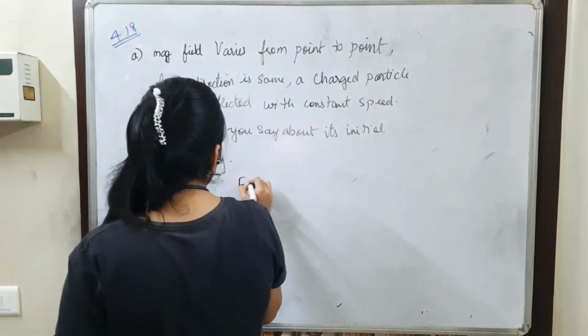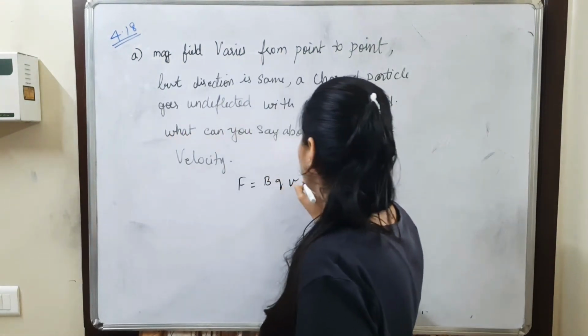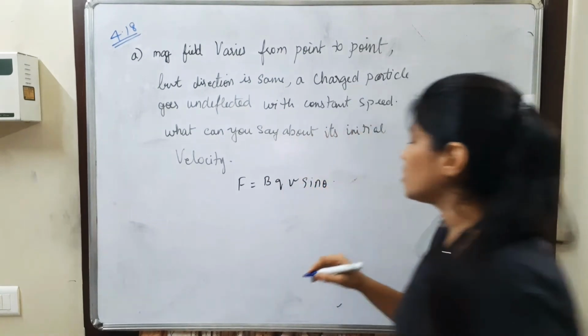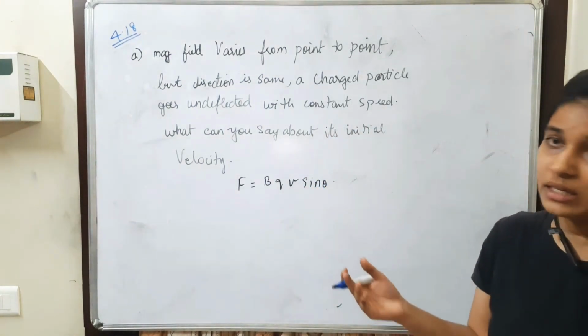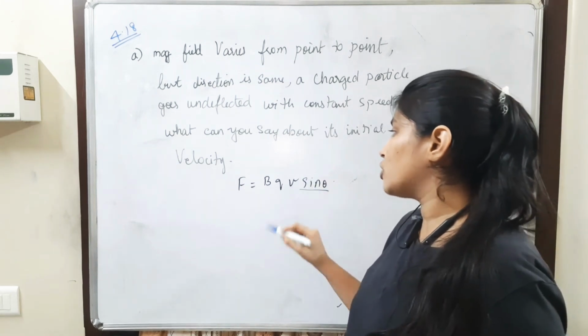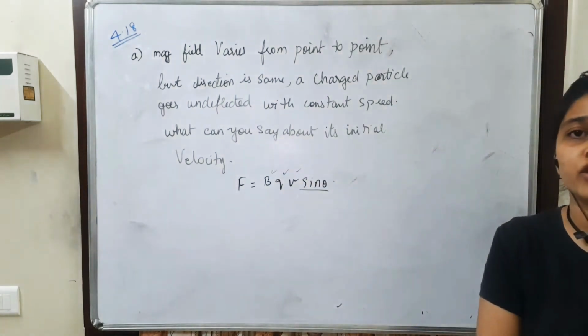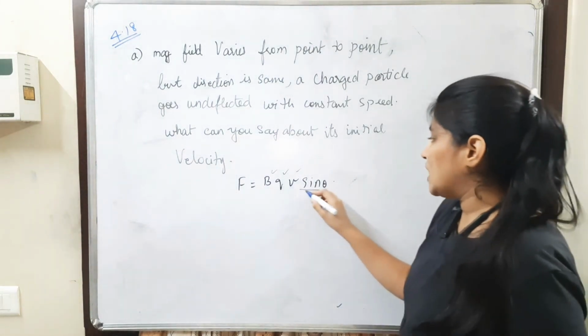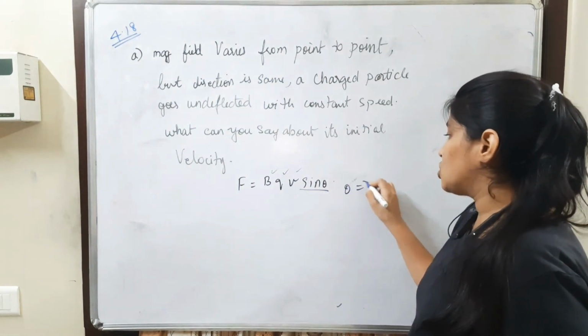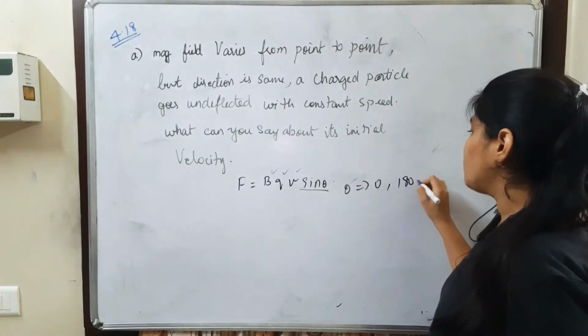You know force is BQV sin θ. If there is no force acting on the particle, B is not 0, Q is not 0, V is not 0, so sin θ only should have been 0. That means θ should take values 0 or 180.